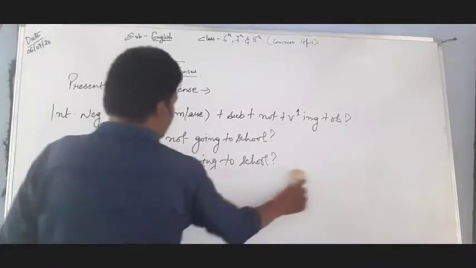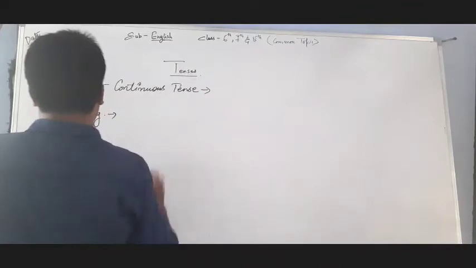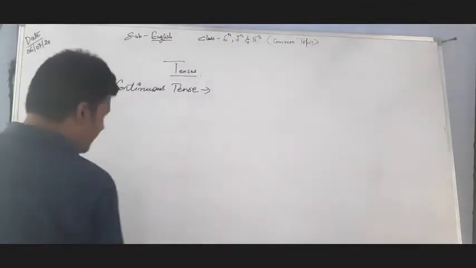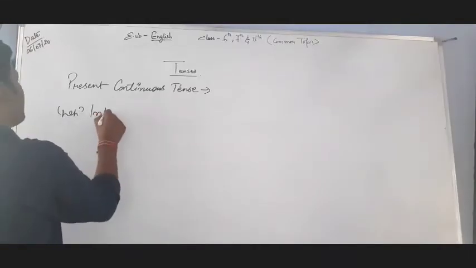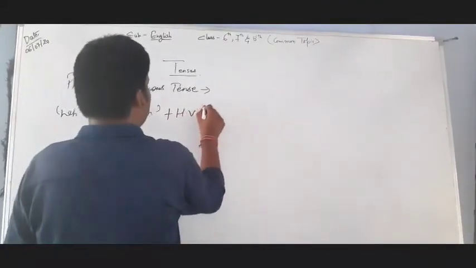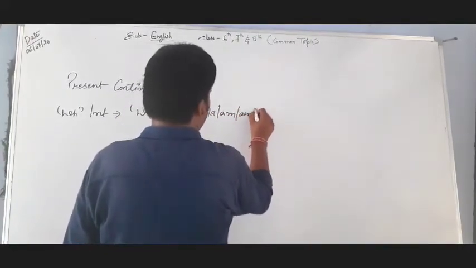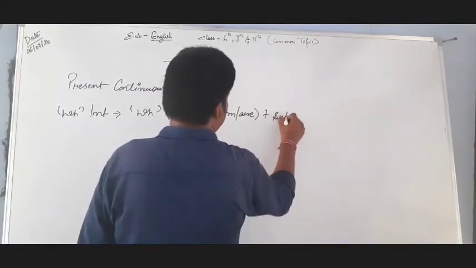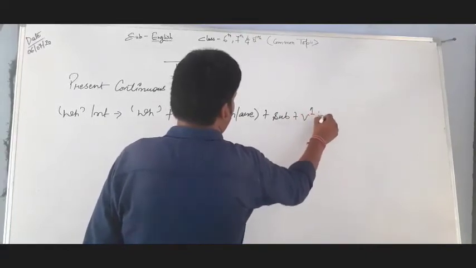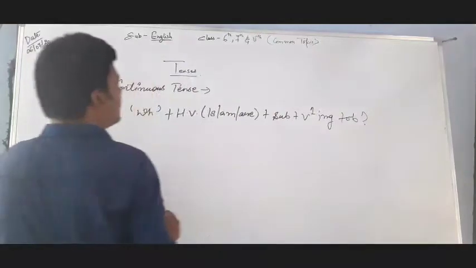Now next we are going to learn WH interrogative sentences. Let me write for you WH interrogative. How does it work? WH word, same as in present simple tense, plus helping verb, that is, am, is, are plus subject plus verb first form and ing plus object, of course with a question mark.